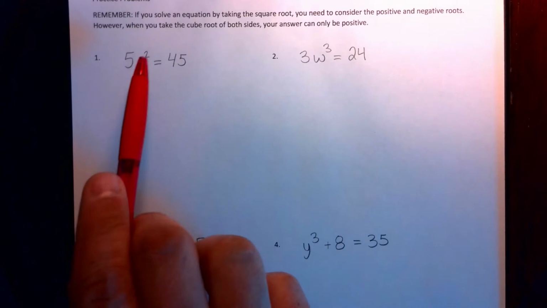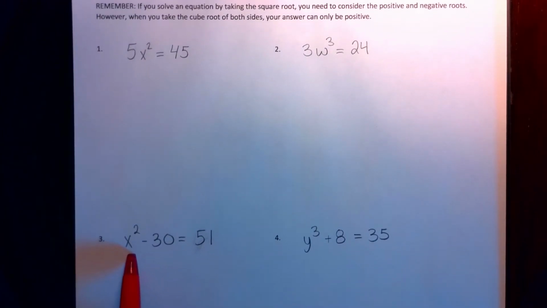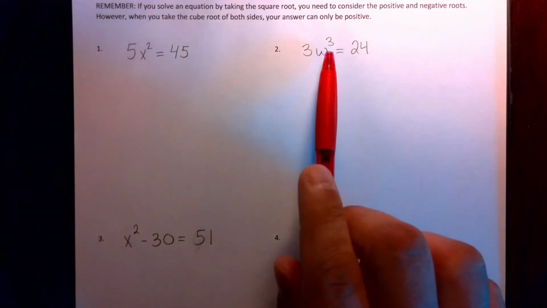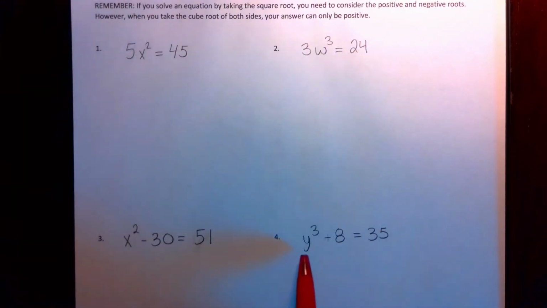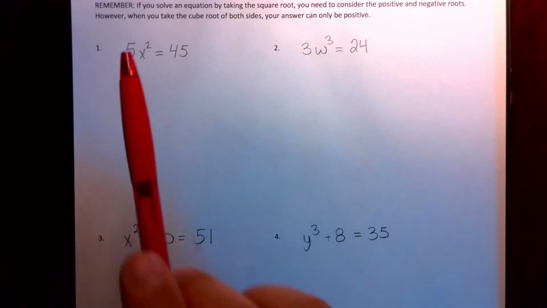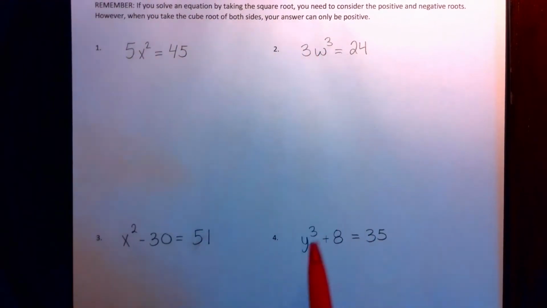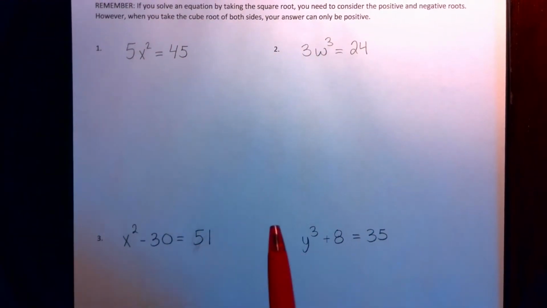We'll end up taking the square root for 1 and 3 for the second algebra step, and you'll end up taking the cubed root for number 2 and 4, again for the second algebra step. Just a quick reminder before you pause the video to try these, that our first goal is to get the x squared, or the w cubed term or the y cubed term, alone first, and then your final algebra step should be to take the square root or the cube root.